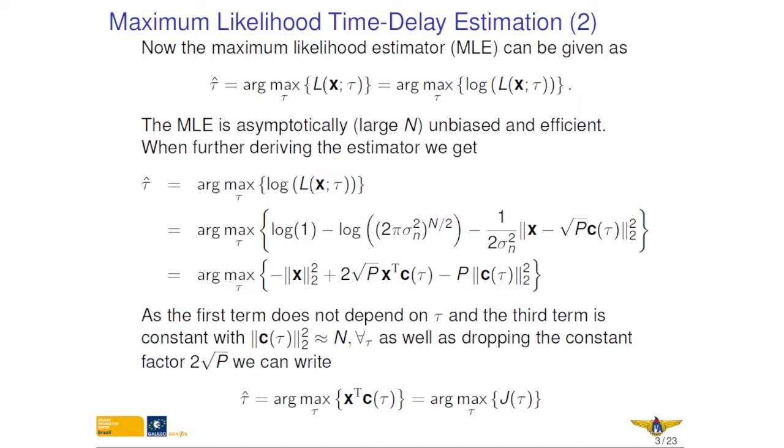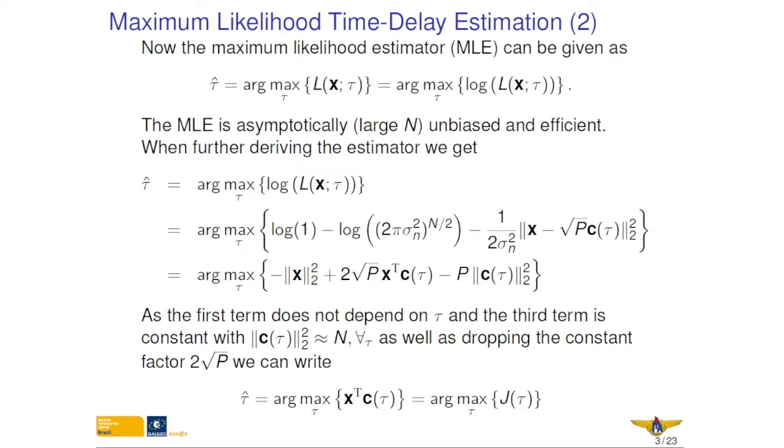The derivative of this cost function J can be approximated using the central difference quotient of length 2 delta. So this is an approximation of this gradient or derivative.